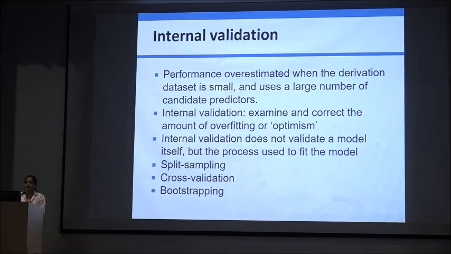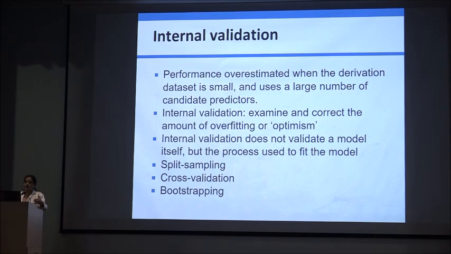But when you set out to validate it, it will not perform that well, which is a phenomenon called optimism. So internal validation is done to examine and correct the amount of overfitting or optimism. And this can be done using split sampling that I just described, splitting the sample randomly 70-30, 60-40.